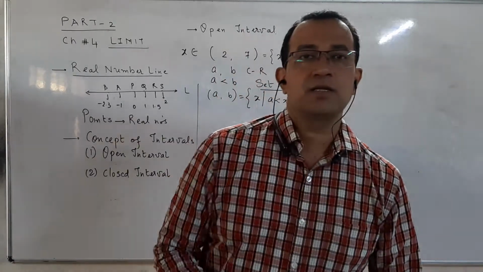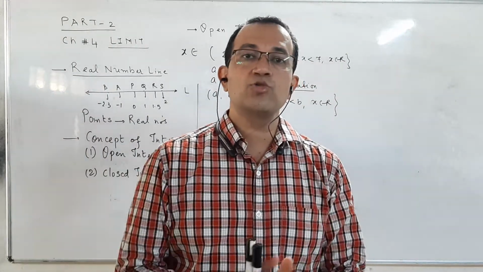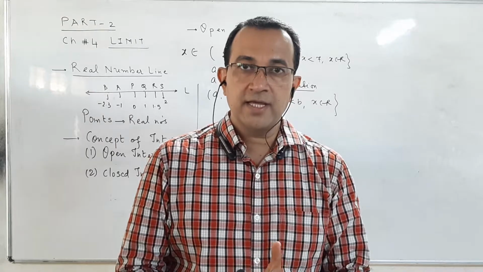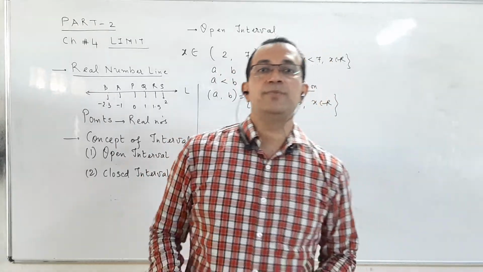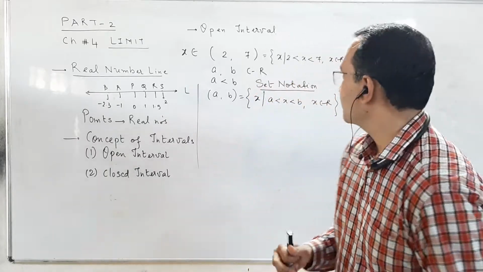So in general, for any open interval, if I say x belongs to open interval 2 comma 7, x can be any real number between 2 and 7, excluding 2 and 7.